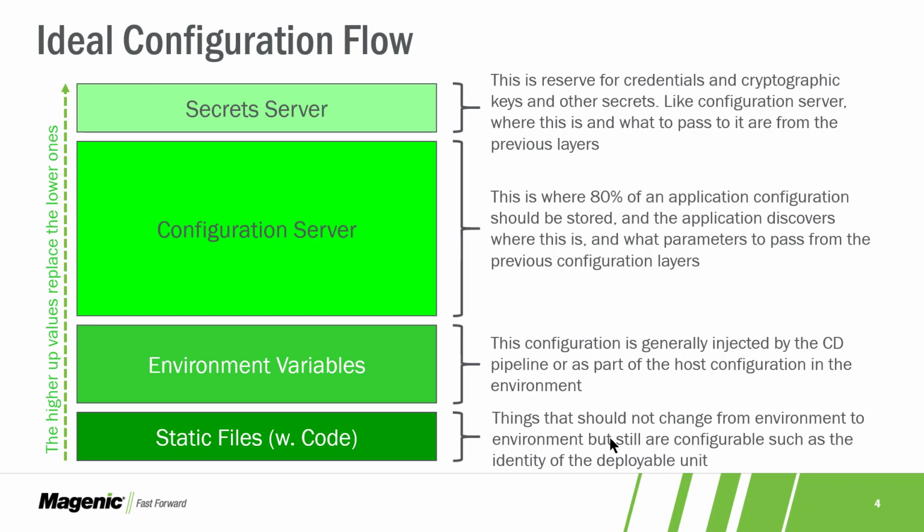For example, CD pipelines often inject as part of their deployment an environment variable that might have the DNS name of your configuration or secret server. There's no harm in it being known if somebody compromises the host. It's not a secret, but it is useful.